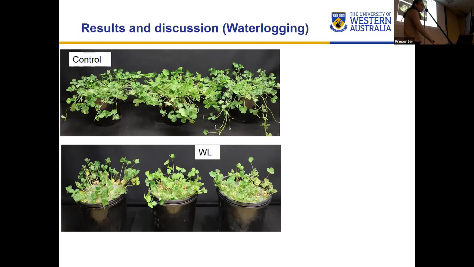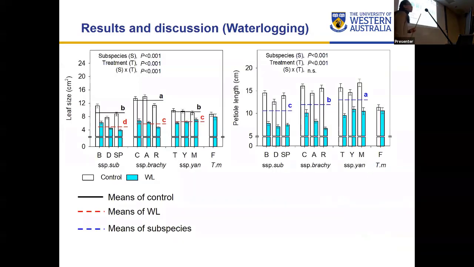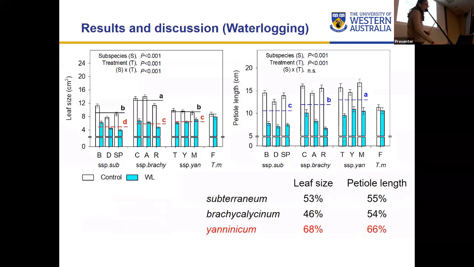I measured every trifoliate leaf, combining the 3 leaflets, in every pot and every plant, and also measured the petiole length in each leaf. All subterranean clover cultivars showed a significant difference in both leaf size and petiole length, but the smaller reduction in petiole length and leaf size in subspecies Yanninicum compared to the 2 other subterranean clover subspecies is another indicator of its higher waterlogging tolerance.